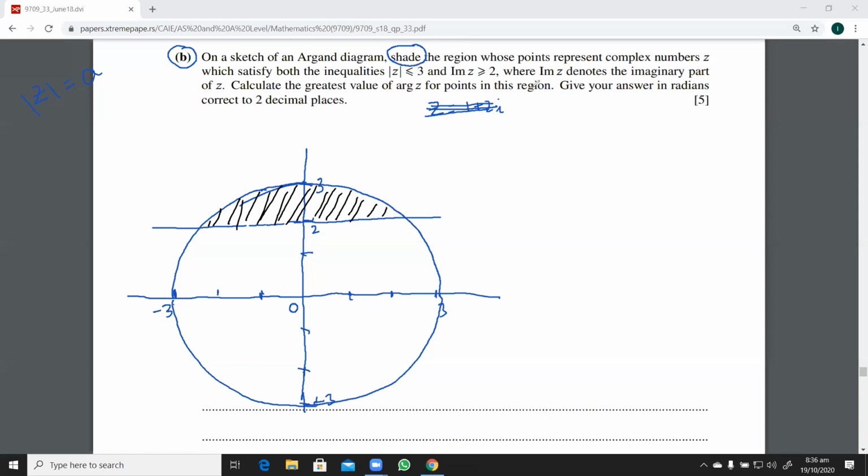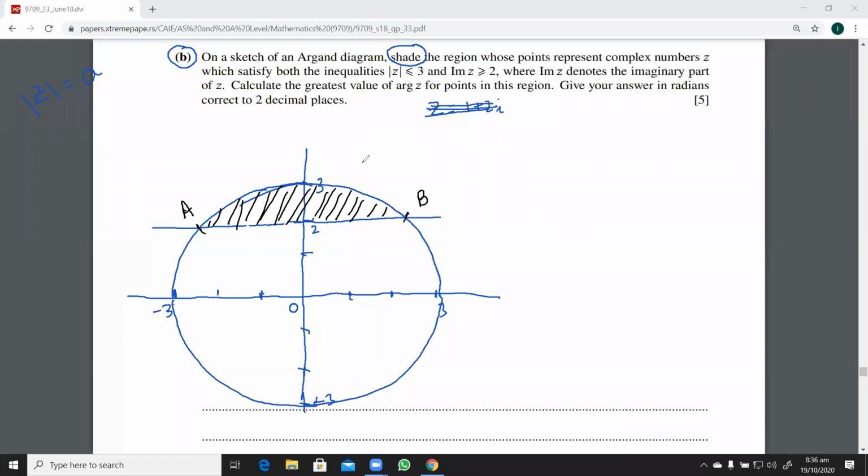Okay, next it says, now calculate the greatest value of argument z for points in this region. Greatest argument. Now this is the region we have. Now if I mark this point as A and I mark this point as B, at which point do you think we'll have the least argument and where we will have the greatest argument?